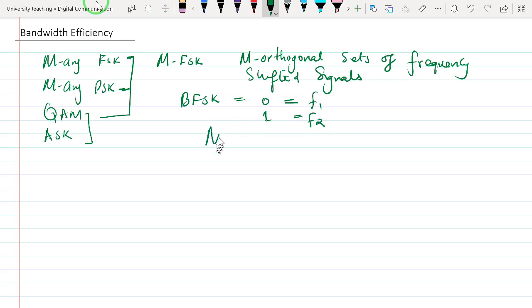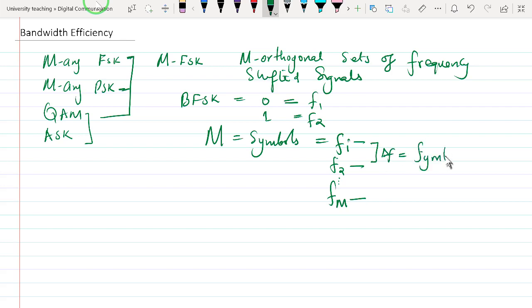Therefore, if we have M symbols, then we will have M frequencies all the way up to FM. These signals are said to be orthogonal in frequency, and for coherent detection, adjacent signals, say F1 and F2, must be separated from each other by a frequency difference delta F equivalent to the symbol rate divided by 2.